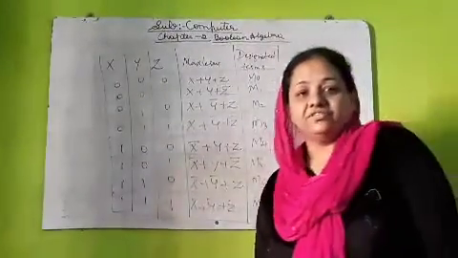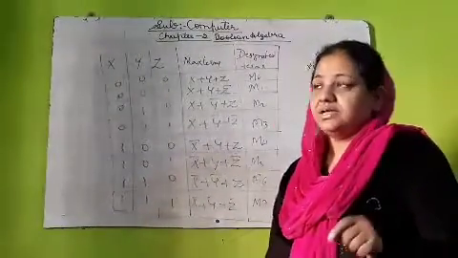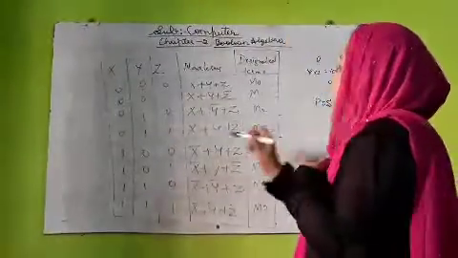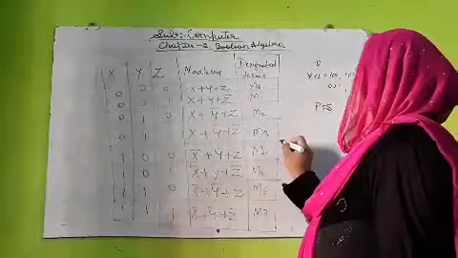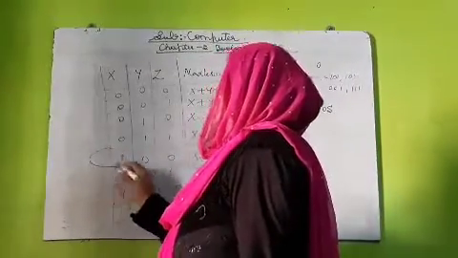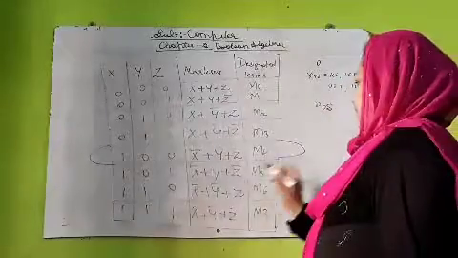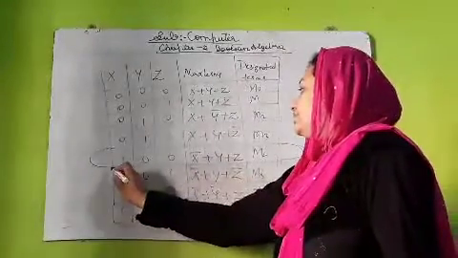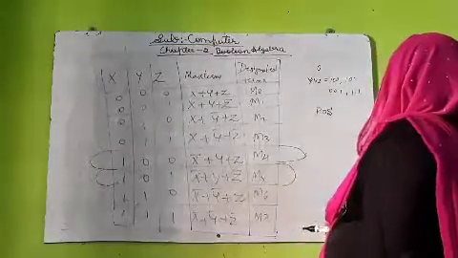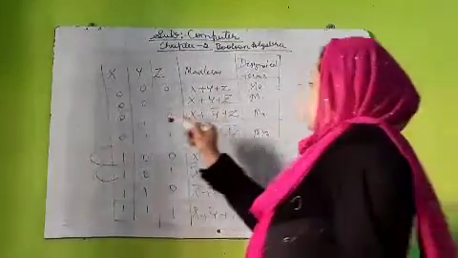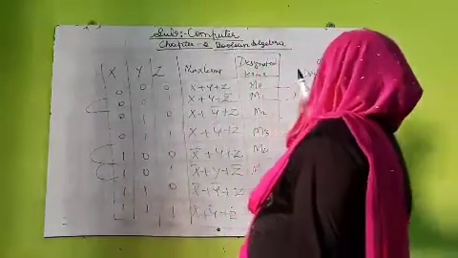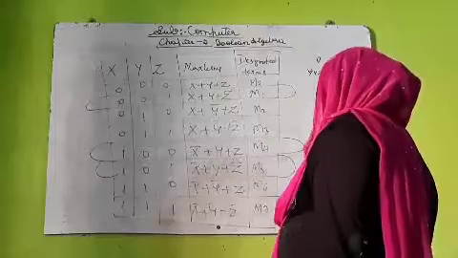So as they have given the terms, that is 100, let us mark it. 101, there is 101. 001, and 111.